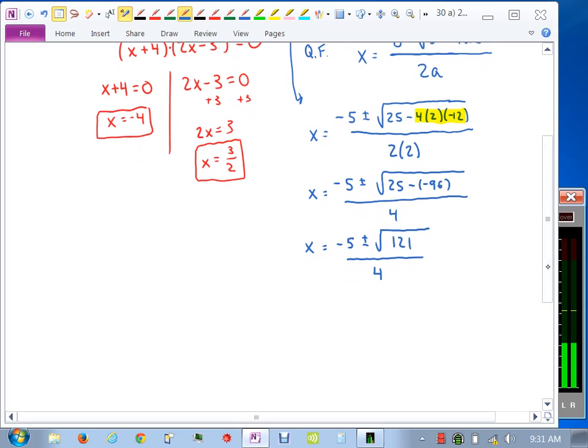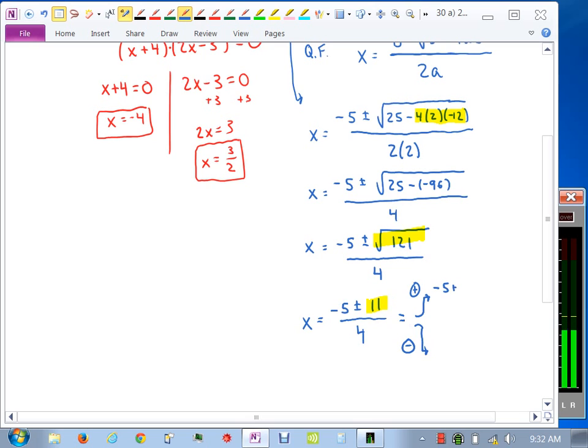Now on my calculator, or if you just know this, the square root of 121 is 11. So I take the square root, I now have an 11 there. And now I do my two cases. I do my addition and I do my subtraction.